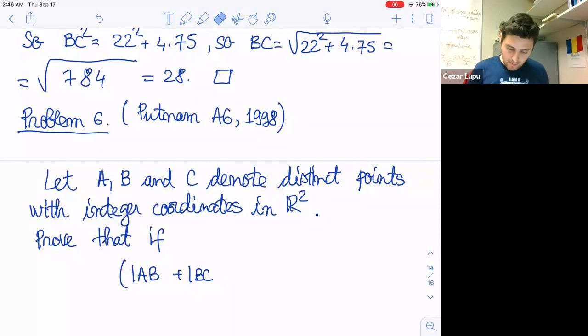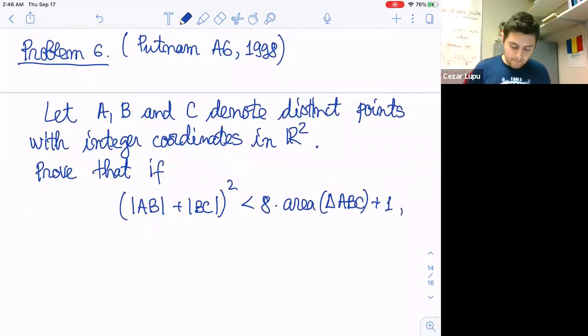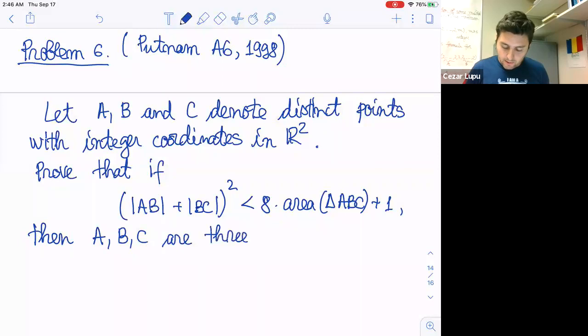So it's AB plus BC, everything squared, is less than 8 times the area of the triangle ABC plus 1. Oh, that's a condition. Then A, B, C are 3 vertices of a square.